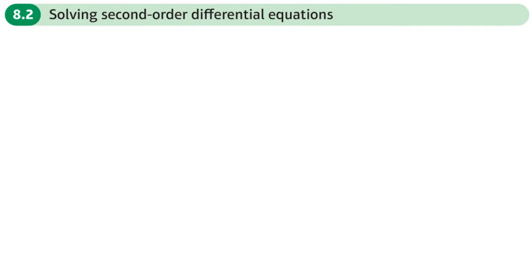This is the second section of chapter 8, which is all about numerical methods, and this is solving second order differential equations. Now this is going to be extending Euler's method.